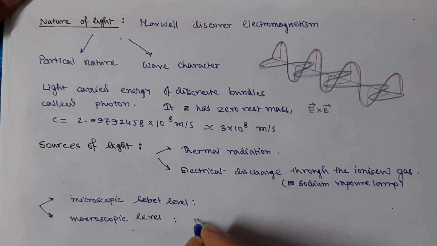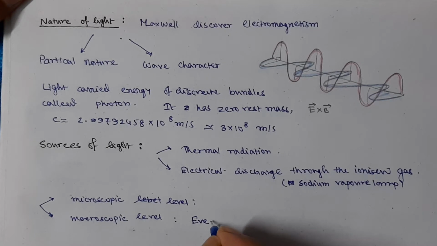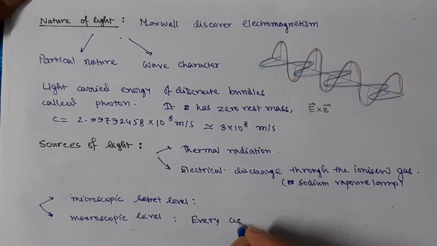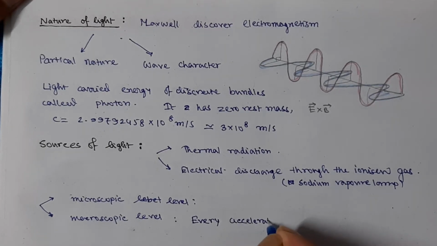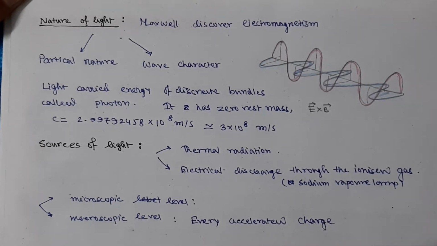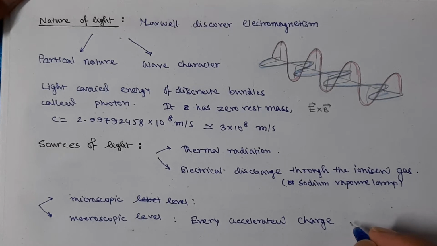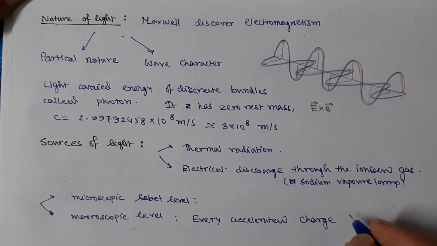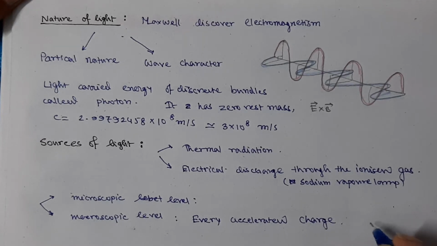Every accelerated charge actually produces electromagnetic radiation, electromagnetic rays. So the first condition is to be accelerated.